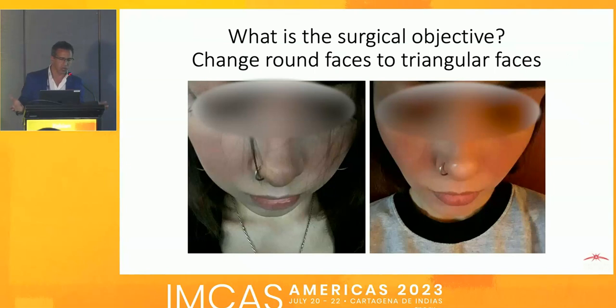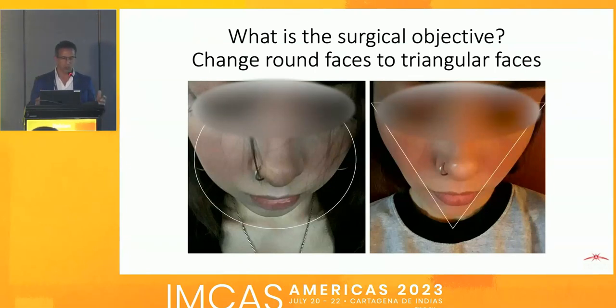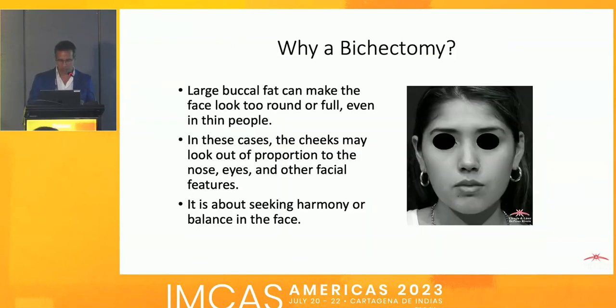Well, with this surgical procedure, that right now you can see here, you change a round face to a triangular face. I give you the advice to take this kind of photos in this position with the upper view, because it shows the cheek sagging, and you get a great view of the fat pad. Why bichectomy?